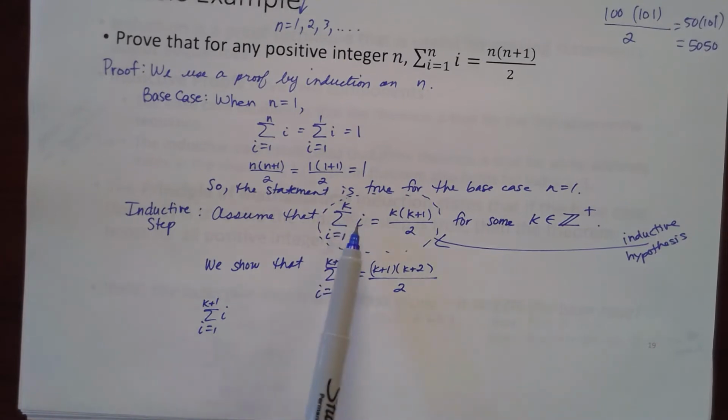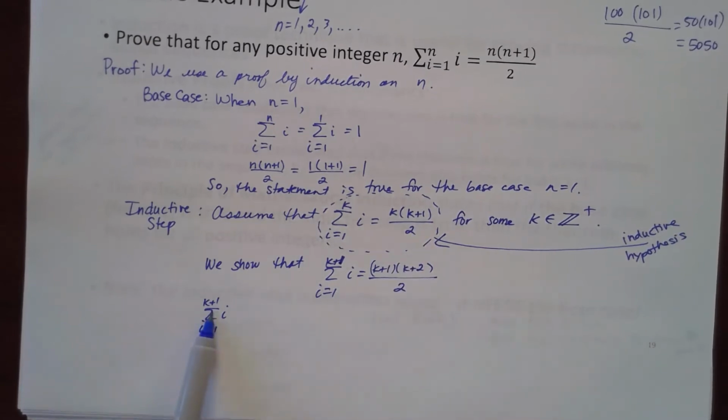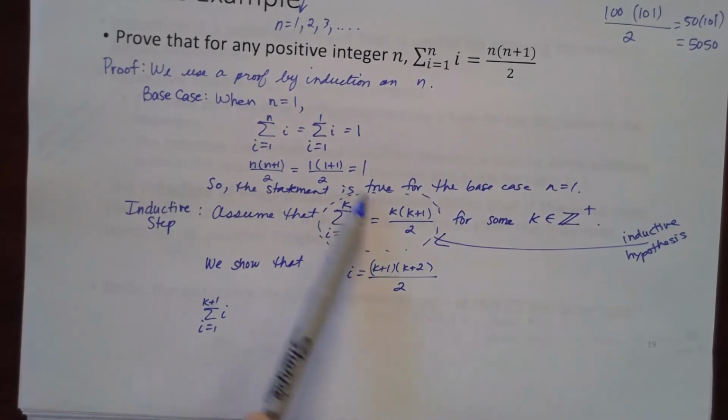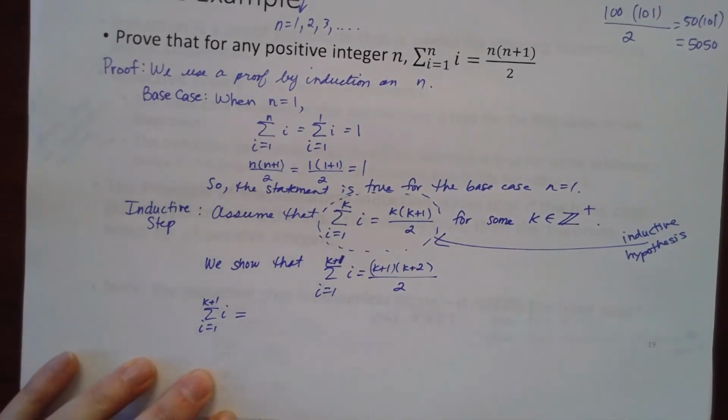I'm assuming that if I stop at k, then I'll get this. Right now, this summation stops at k plus 1. So let's rewrite this summation by pulling off the last term so that it only goes to k, because I know if I stop at k, I have something that I think that summation is equal to. That's why we need to be able to pull off the last term.